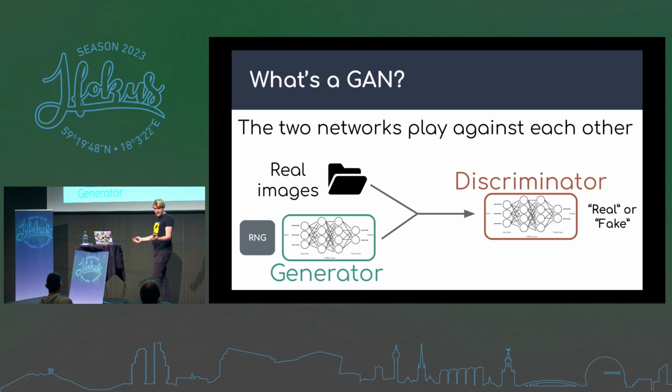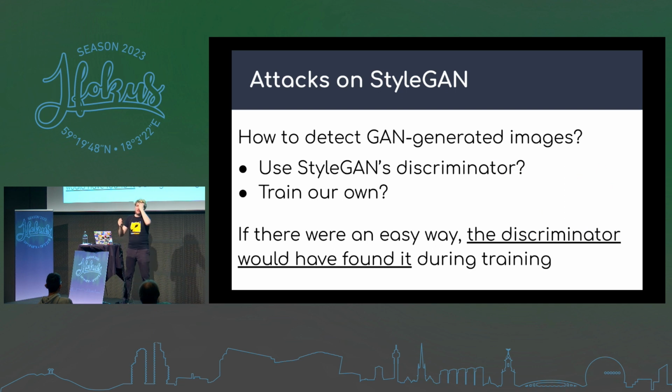And StyleGAN is made by a research team of top engineers from NVIDIA, so I don't believe I could compete with that. So we're going to have to find some other way. We cannot build an AI model that's good enough to detect that kind of stuff. So, well, that's kind of a problem, right?